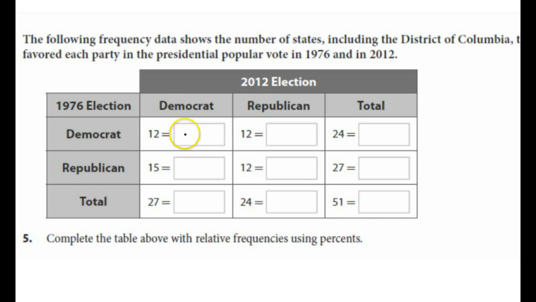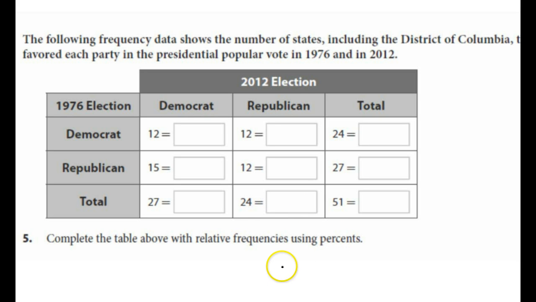What goes in the boxes? They want, down here, complete the table above with relative frequencies using percents.